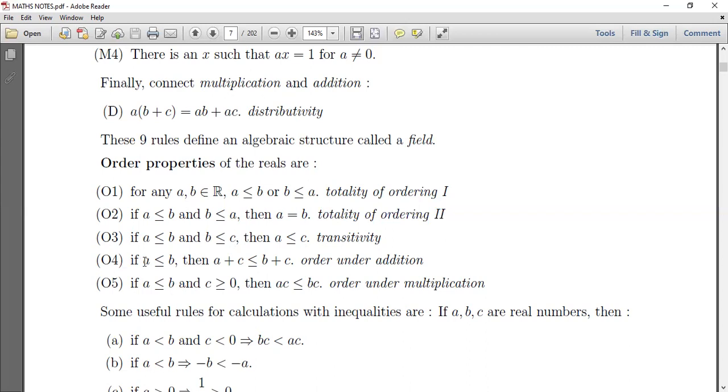Then if A is less than B, and you add a constant, a similar real number, to both sides of this inequality, the inequality still remains. It means A plus C is also less than B plus C because we have just added C to both sides. This is called the order under addition. Okay. If someone has got $10, the other one has got $20.